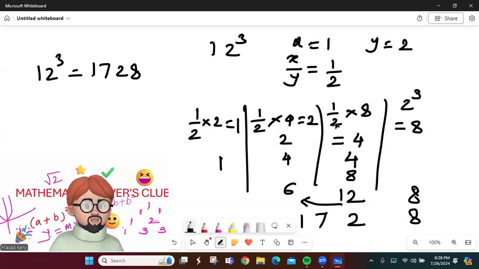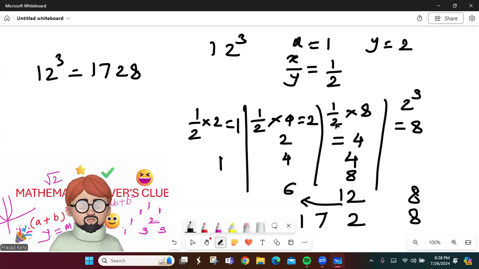I will take the first digit on the tens place as x and the second digit on the units place as y. I will take the ratio x upon y. First of all I make 4 partitions.